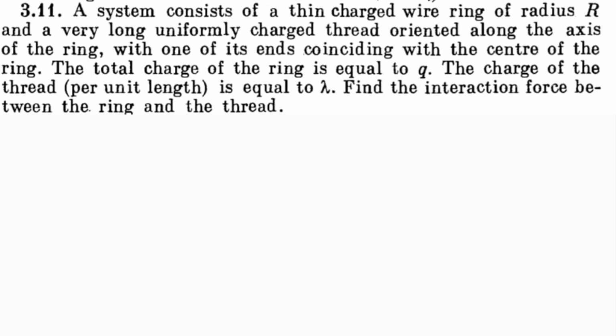So this is what the problem is asking us to find. The first thing that we do is try to understand it by drawing a necessary diagram of the system. So we have a ring, and this ring is along with a uniformly charged straight wire like this.